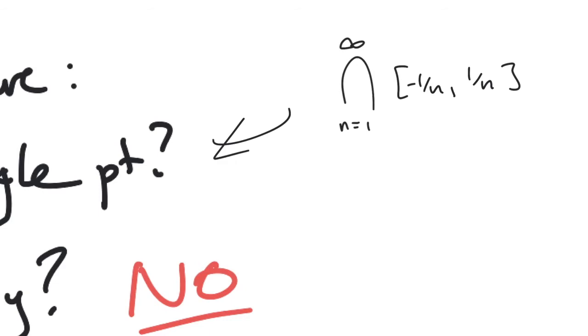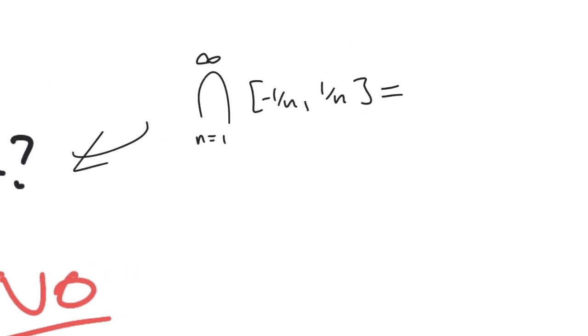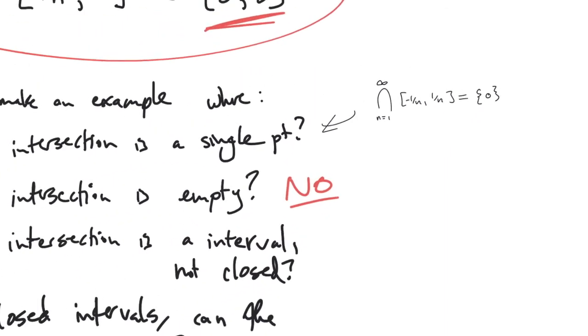These are getting smaller every time. And what is the intersection then? There's only one number that's in all of these intervals. 0, yeah. So the intersection, written as a set, is the set with a single element, and that element is 0. So it is possible to get a single point as the intersection.